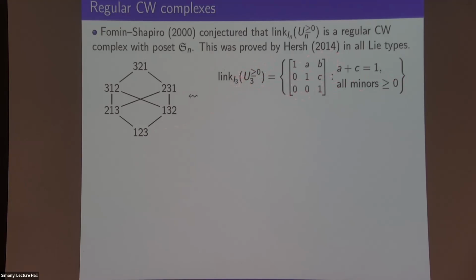So to compactify it, I'm going to take the link of the identity, which just means the sum of the entries immediately above the diagonal is 1. And then I get a two-dimensional space, and I can just plot it in the plane, like the AB plane. And what you get is a thing bounded by a line and a parabola. So you indeed get this two-dimensional regular CW complex from the previous slide.